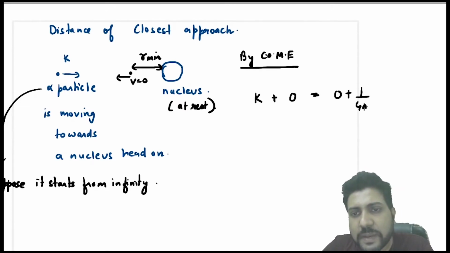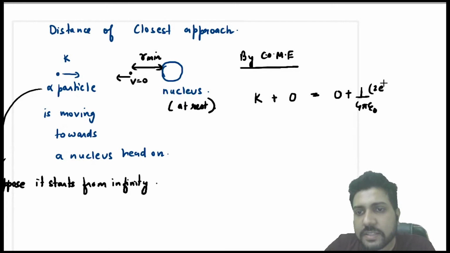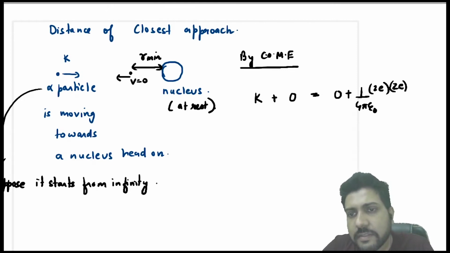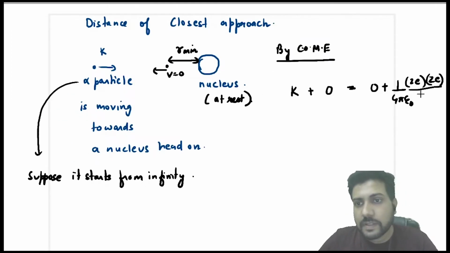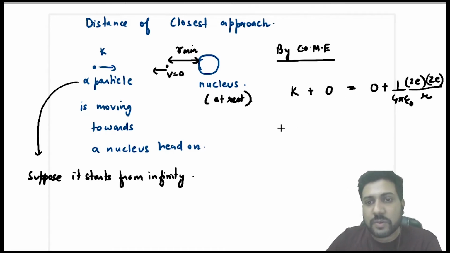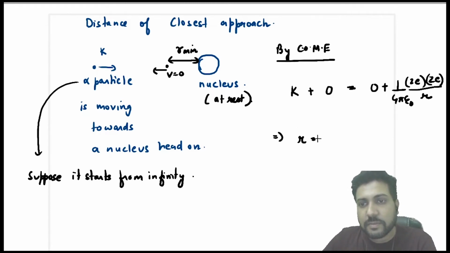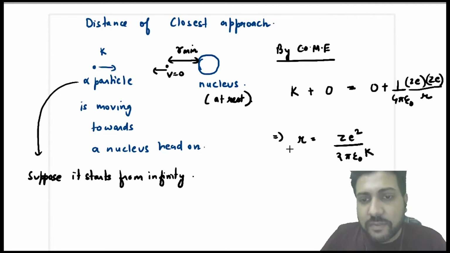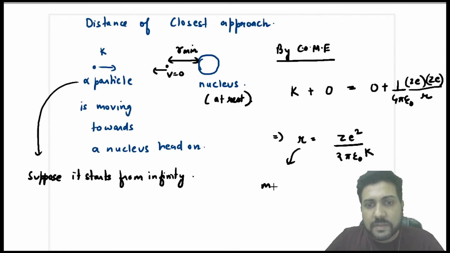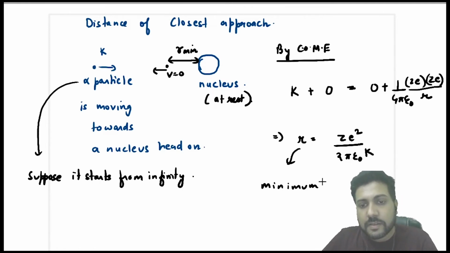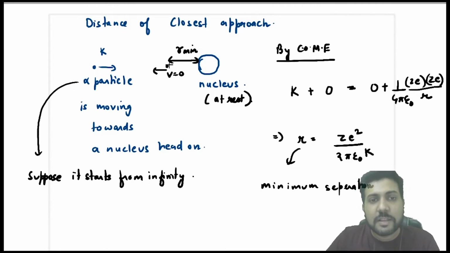Now k is 1 by 4 pi epsilon naught, q1 is 2e, the charge on the alpha particle, multiplied by the charge on the nucleus, Ze, where Z is the atomic number of the nucleus, divided by R. From this you will get R equal to Ze squared divided by 2 pi epsilon naught K. This is the value of the minimum separation, or the distance of closest approach, the minimum distance between the alpha particle and the nucleus.